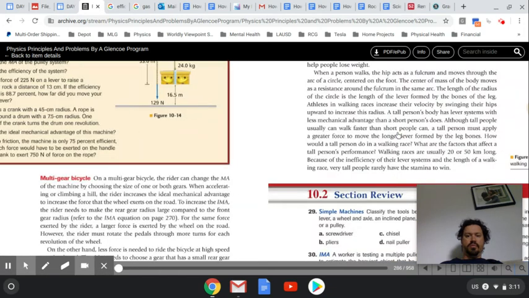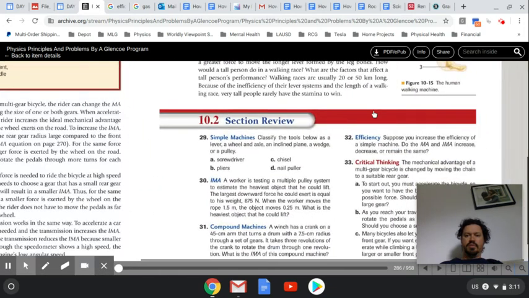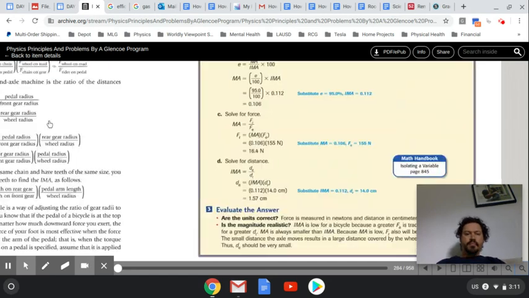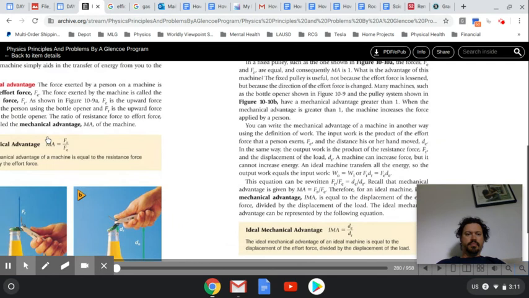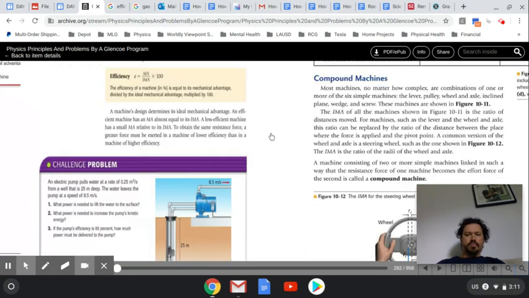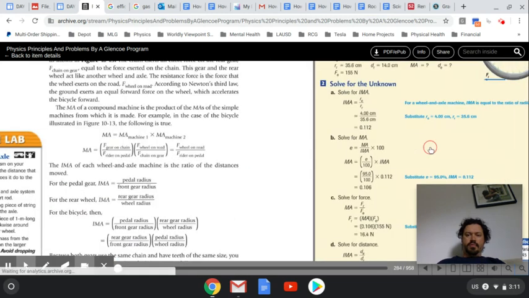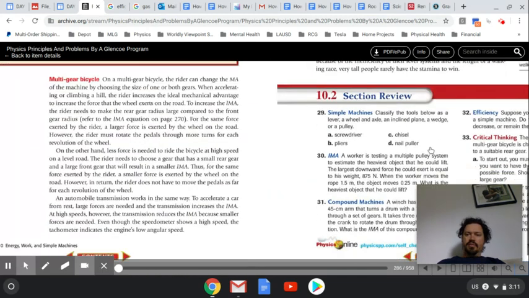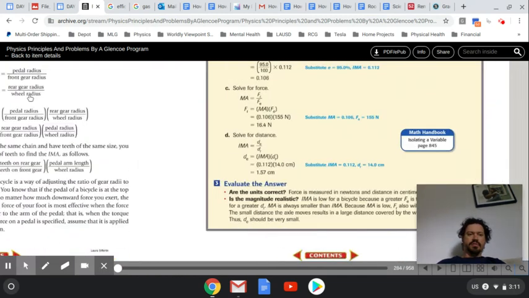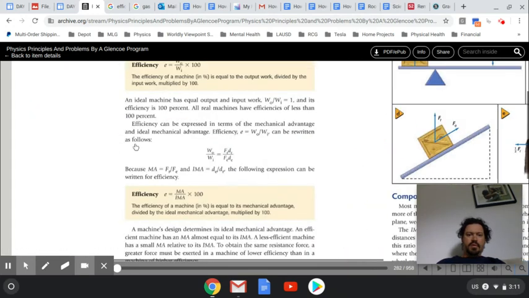So over here is 32. It says, suppose you increase the efficiency of a simple machine. Do the mechanical advantage and ideal mechanical advantage increase, decrease, or remain the same? Let's go back and look at the formula. If you increase the efficiency, does that mean that this number here has to get bigger or smaller?